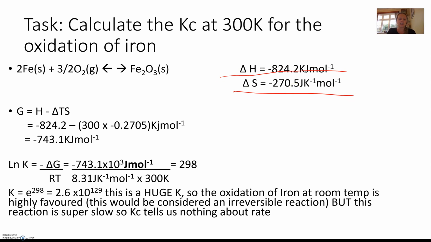So to start, you can calculate ΔG by going ΔH minus T times ΔS. They gave you the T. And so you'll notice that I've changed this joules to kilojoules to match the enthalpy up here. Okay, and you'll see that there's my answer of ΔG of negative 43.1 kilojoules per mole.